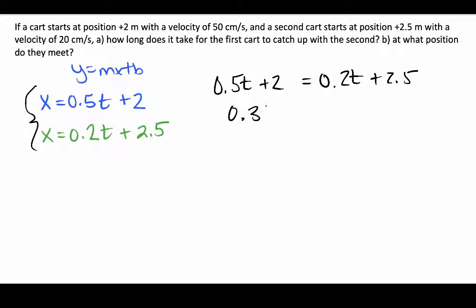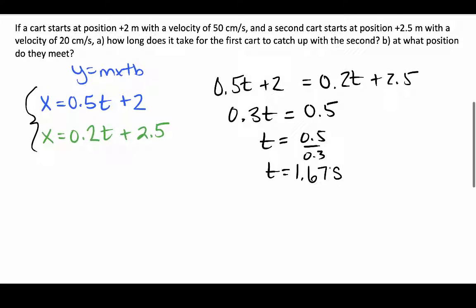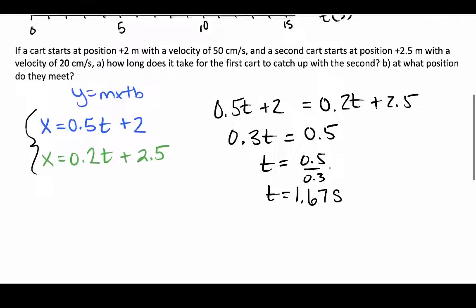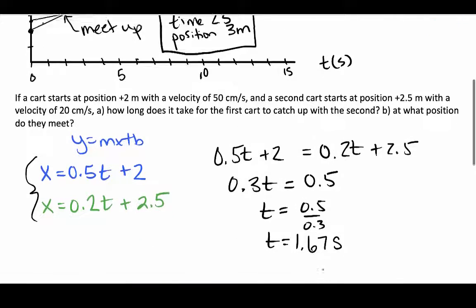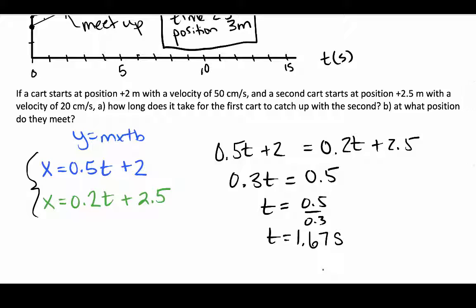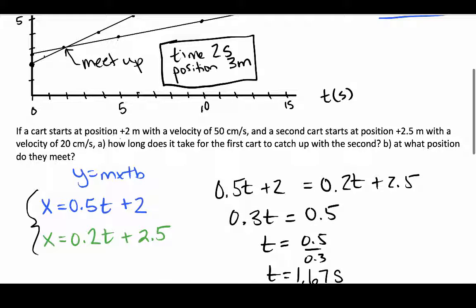I get 0.3t is equal to 0.5. t is equal to 0.5 over 0.3. t is equal to 1.67 seconds, which is close to what we found over here. We got 2 seconds. This is the better answer because this is more accurate. Remember how I said it may be a little bit off, but we're pretty close to what we had over here.